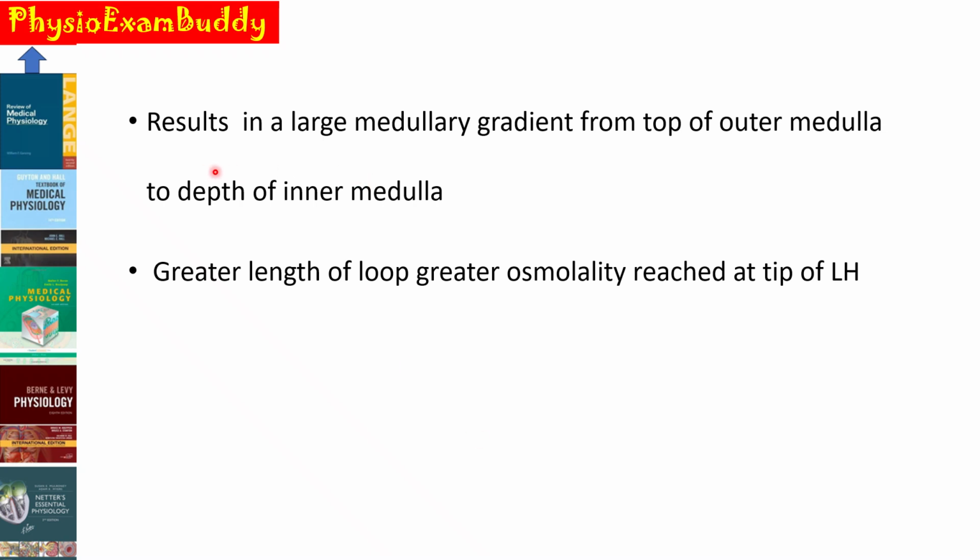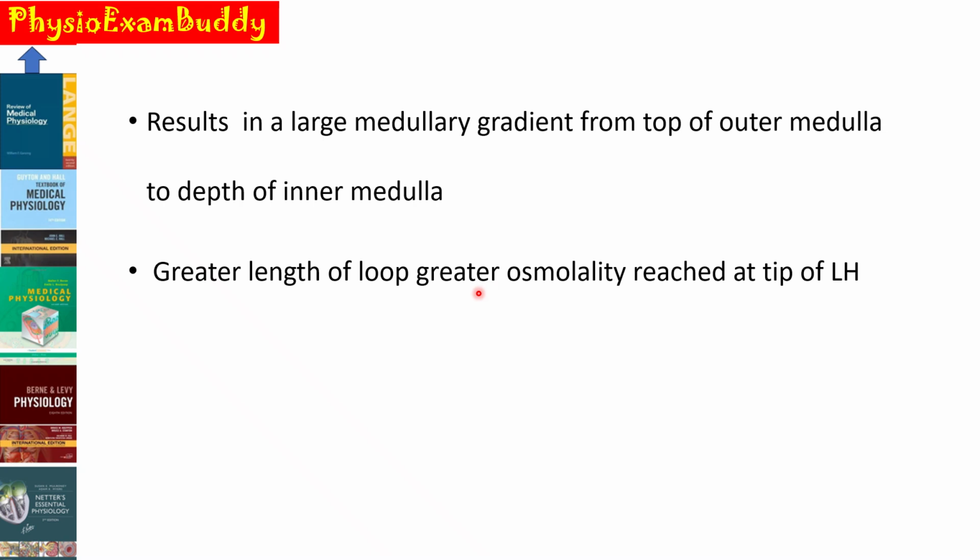So this results in a large medullary gradient from the top of the outer medulla to the depth of the inner medulla. Now what happens when the length of the loop of Henle increases? The osmolarity which is reached at the tip of the loop of Henle will be more. So greater the length of the loop, greater will be the osmolarity reached at the tip.